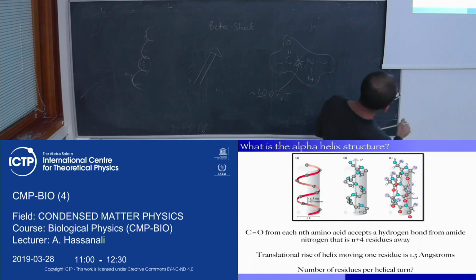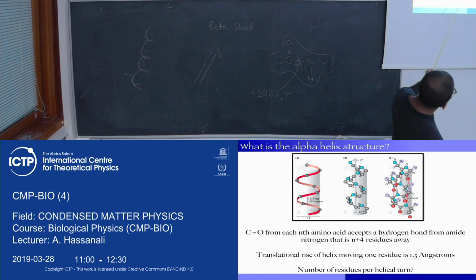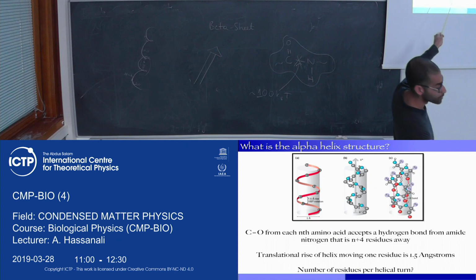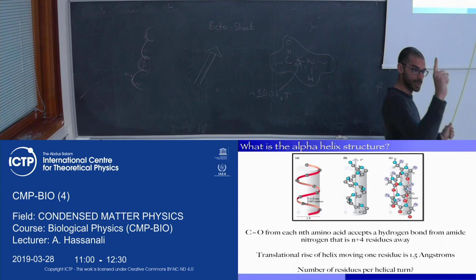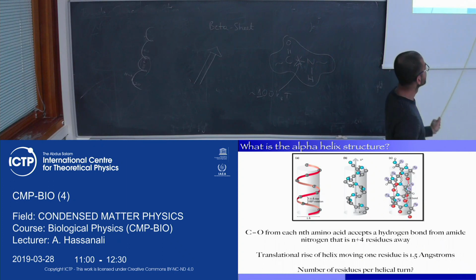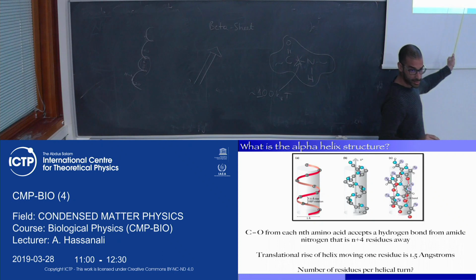If you were to look in detail at the alpha helix, remember I told you that each amide bond has a dipole. What comes out of this is that in an alpha helix, all the local dipoles of the amide bonds build up into a macroscopic dipole that all point in the same direction.